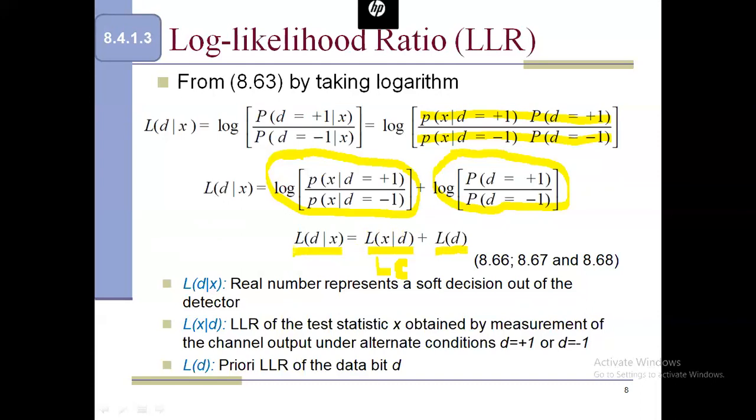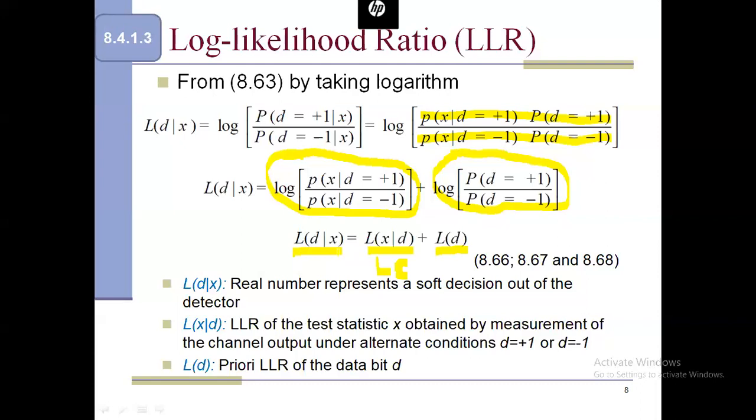The log of this value is a real number, and on the basis of that real number, we have the soft decision out of the detector.